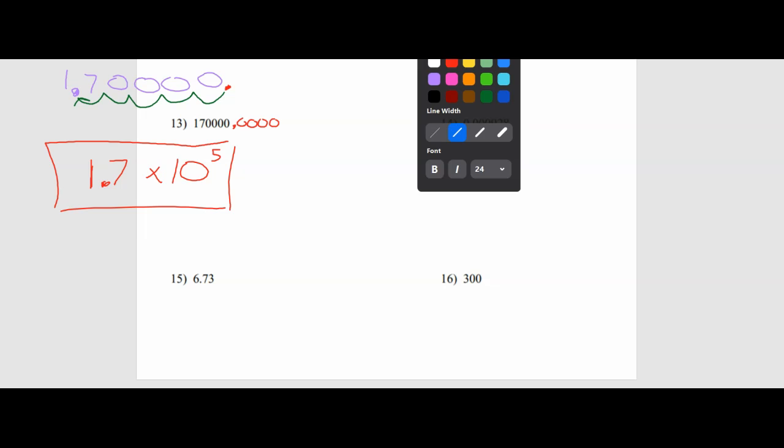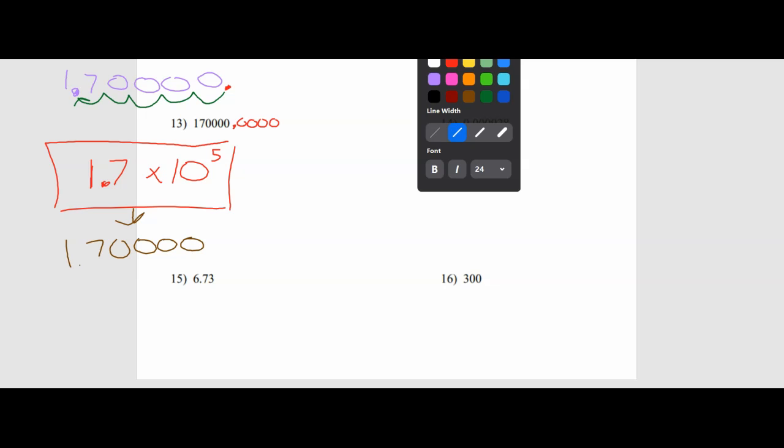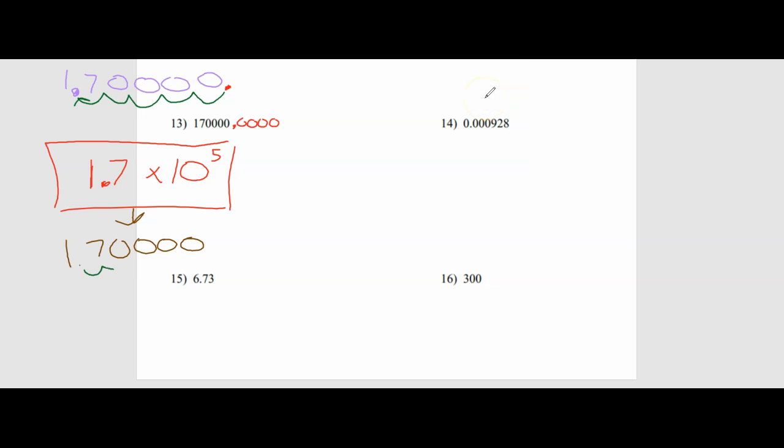Which makes sense, right? Because now if I was to evaluate this, I'd have 1.7 and a bunch of zeros. I know that my exponent's positive, so I'm moving to the right. 1, 2, 3, 4, 5. And then look, there's 170,000. But again, instead of just memorizing left or right, I would try to think about it intuitively.